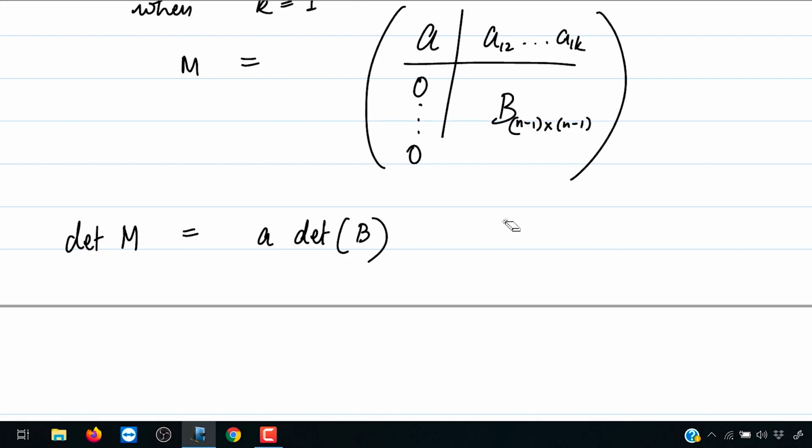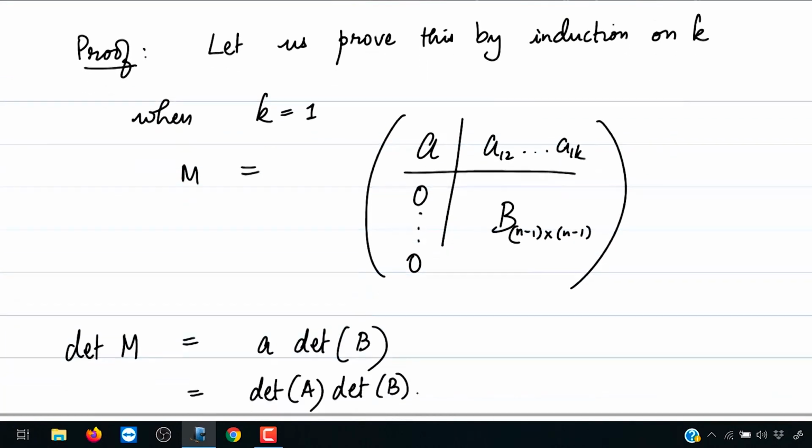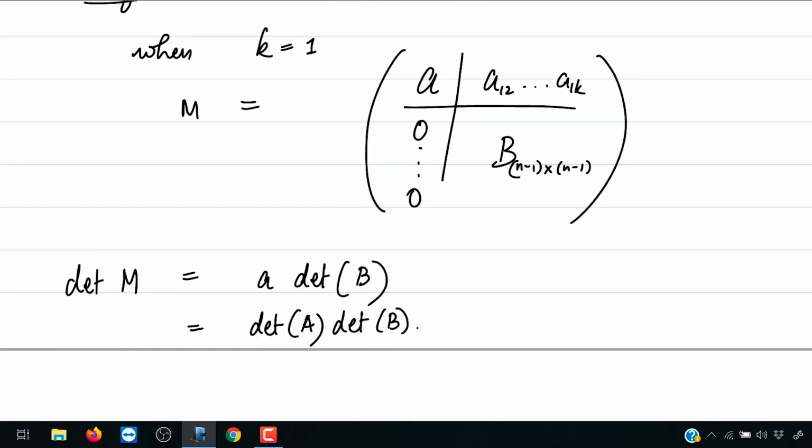So this is just A times the determinant of B. But what is A? A is the only entry in capital A, and this is hence the determinant of capital A as well, which is determinant of A times B now. So yes, for the case k equal to 1, it's trivially satisfying the condition that determinant of A times determinant of B is equal to the determinant of M.